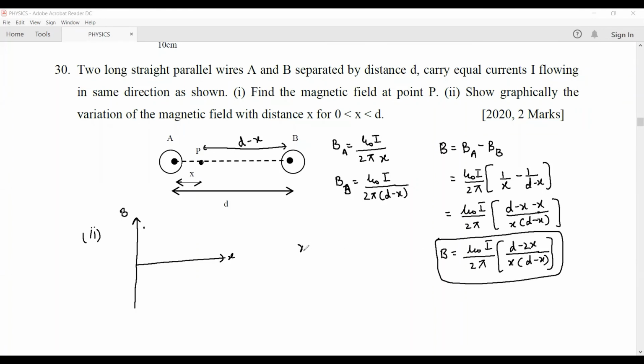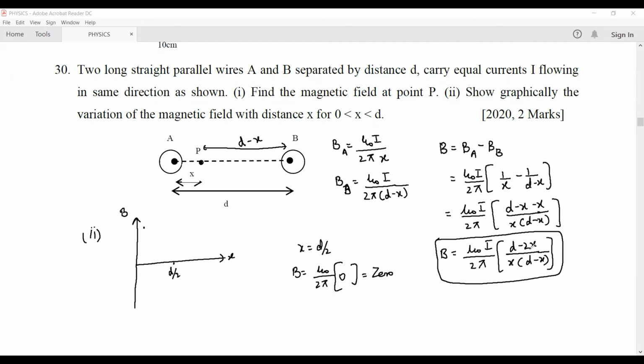Now let us substitute x is equal to D by 2. So B will be equal to mu naught I upon 2 pi into D minus 2D by 2, that is equal to 0. So the magnetic field will be equal to 0 at D by 2.